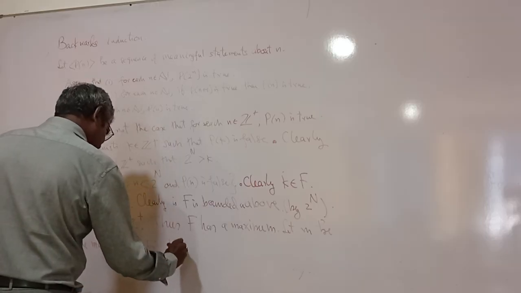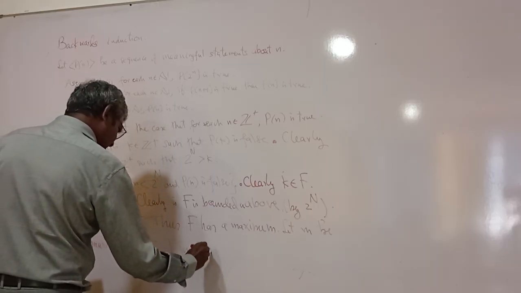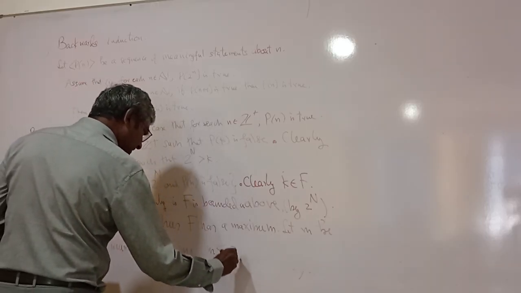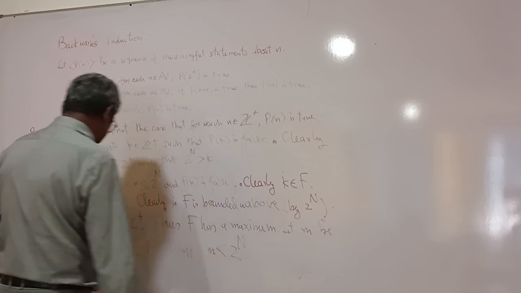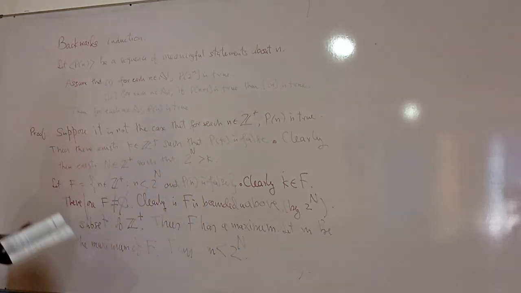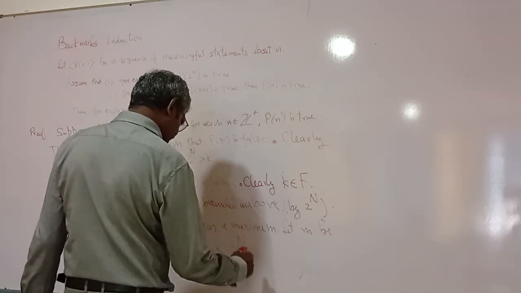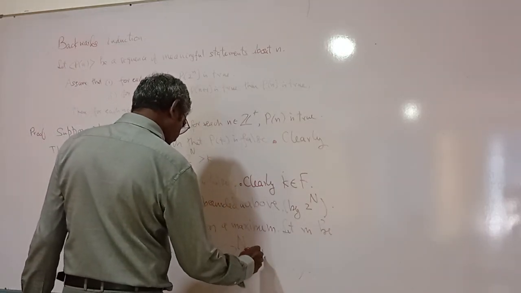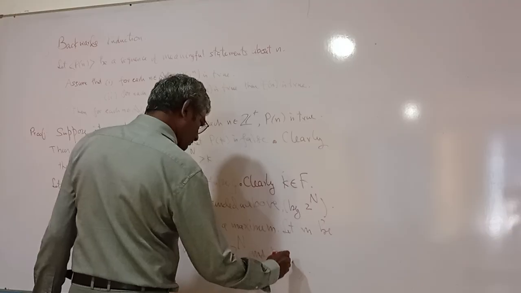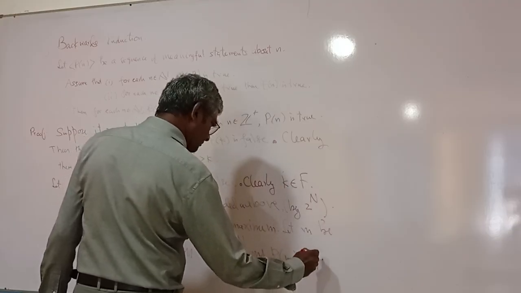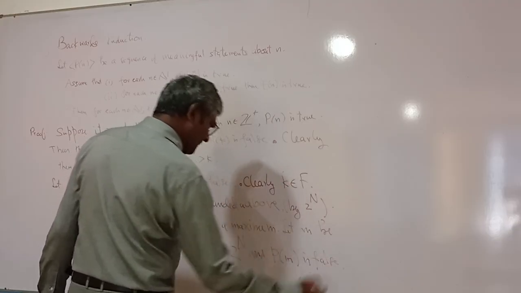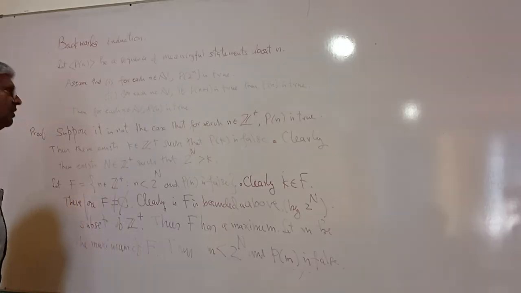Thus, M is strictly less than 2 to the n, no? M is less than 2 to the n. If M is a member of capital F, Pm is false. Right? Pm is false.